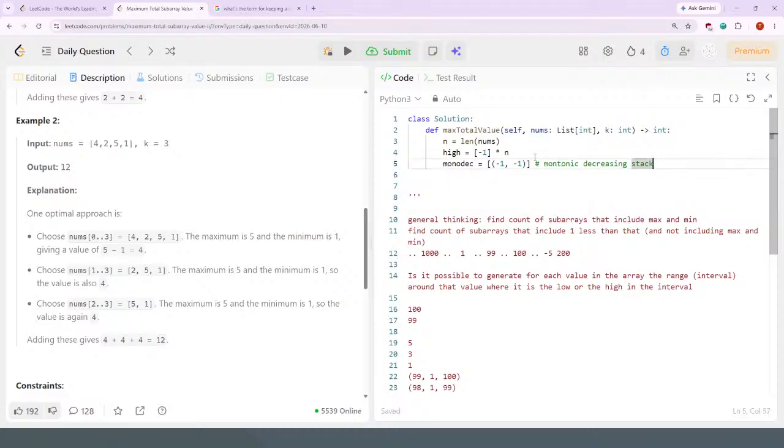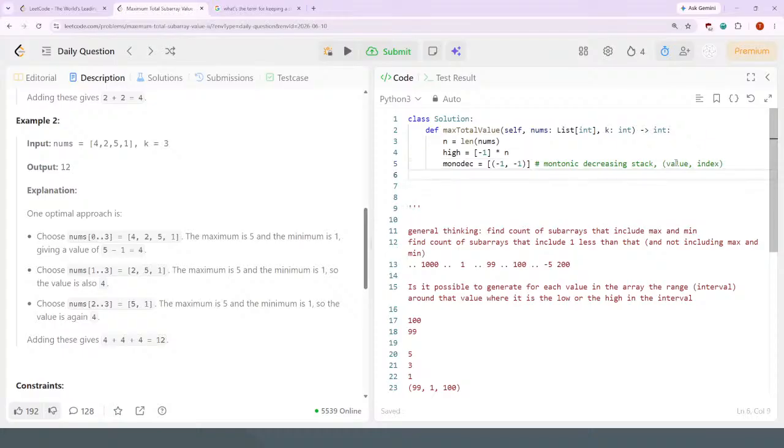And the stack has tuples that are the value and the index. Maybe it should just be an empty array.